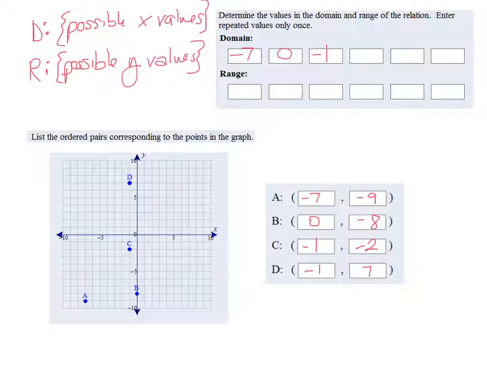So what do you suppose your range is? Well, it's your possible y's. It's all these numbers right here, right? Do you see any repeated values on that one? I don't, so I'm going to have to list all of those numbers as my range. Okay, so finding domain and range, that was another thing that is brought up in this lesson.